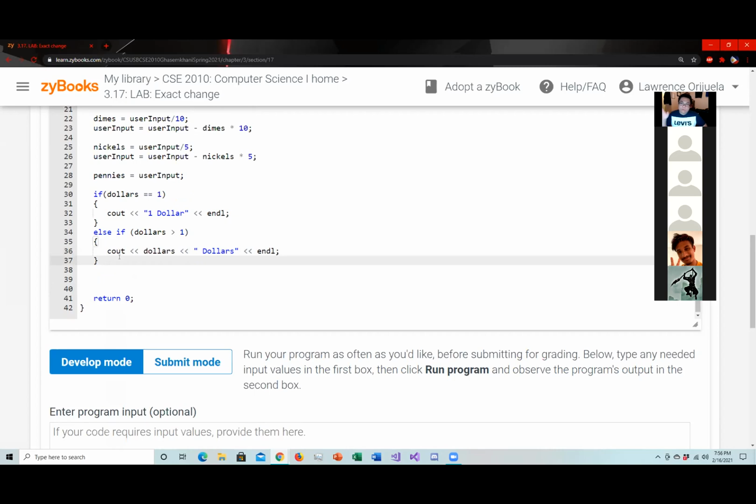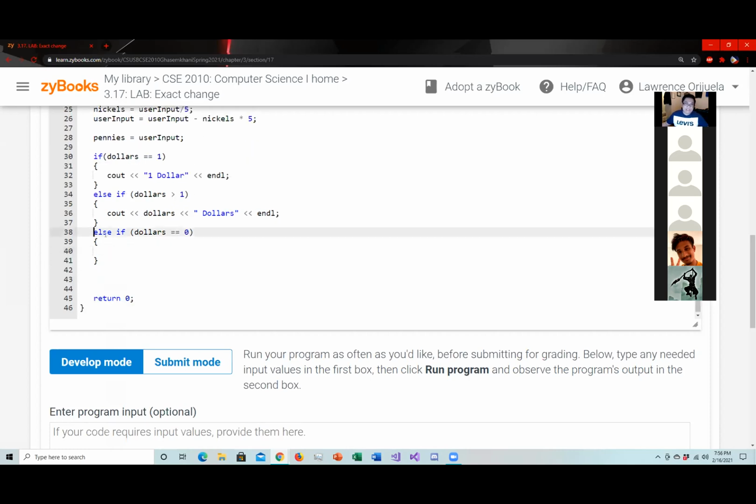Okay. Now, what about the scenario where dollars is equal to 0? Now you could say this: if dollars equals 0. Now, what would I have in here? I wouldn't have anything, right?